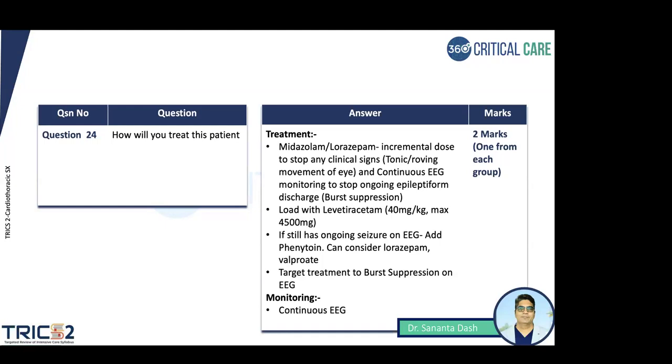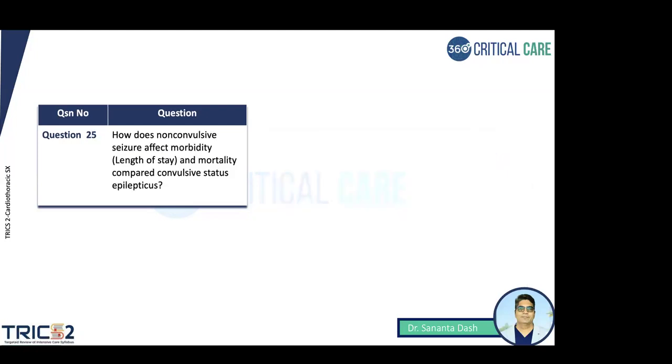You load the patient with levetiracetam if it is your practice. But if the patient still has ongoing seizures, then add phenytoin as second drug or third drug. Okay. Target the treatment to burst suppression on EEG for a particular defined time frame. You use continuous EEG monitoring if your facility allows it.